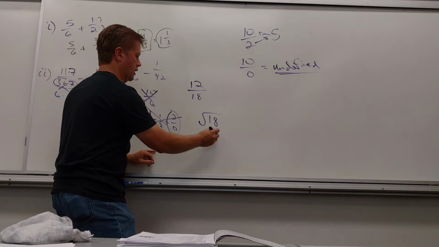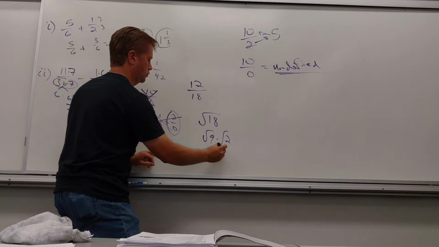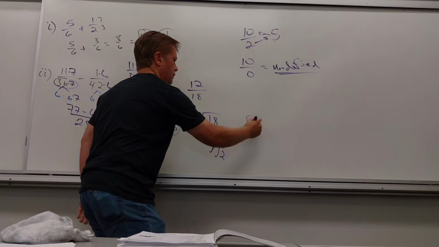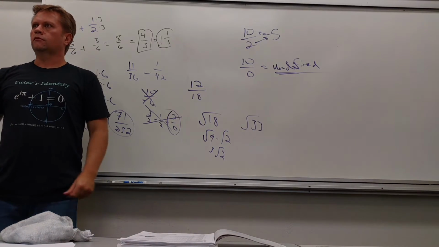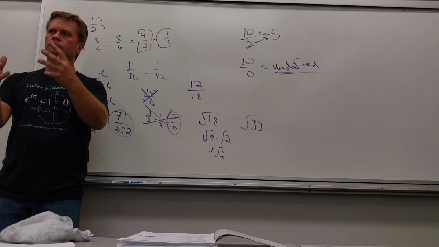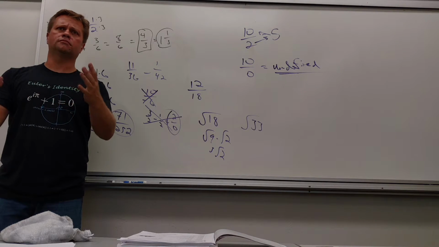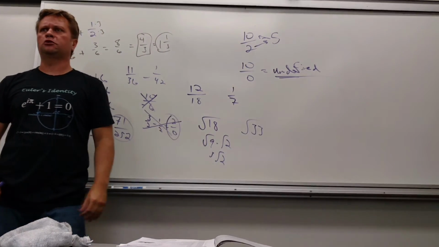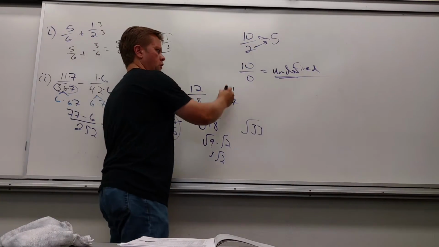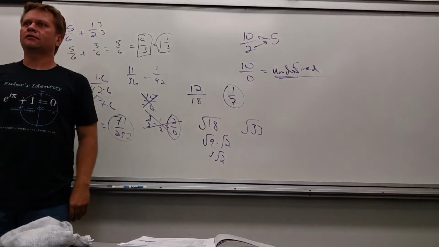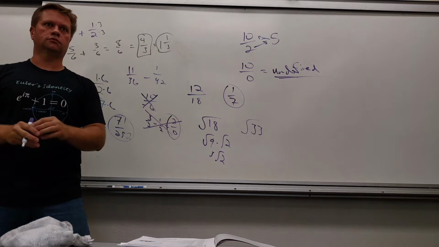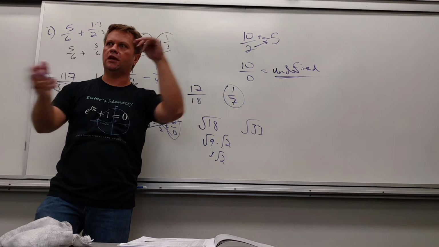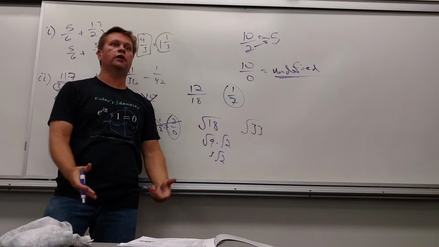It would be square root of 9 times square root of 2, that's 3 square root of 2. But square root of 33, can I break it up and simplify it? No. It's the same thing as if I said reduce this fraction that can't be reduced. There's nothing to do. So if I said simplify this, you circle it, or you say it can't be simplified more.